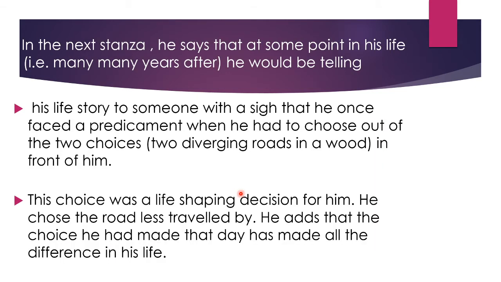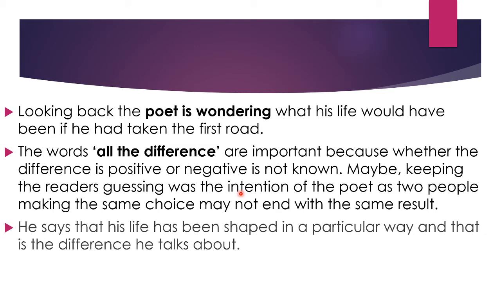He is just looking back and he is just wondering what his life would have been if he had taken the first road. So he is not at all regretting, he is not at all repenting, and we also do not know that he is saying this in a very happy tone.